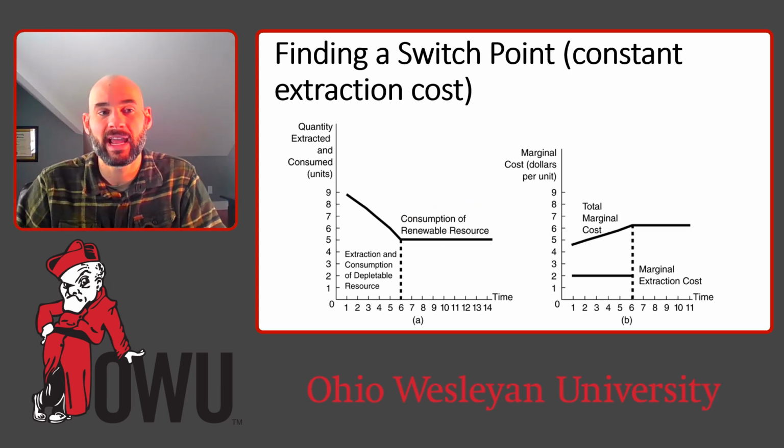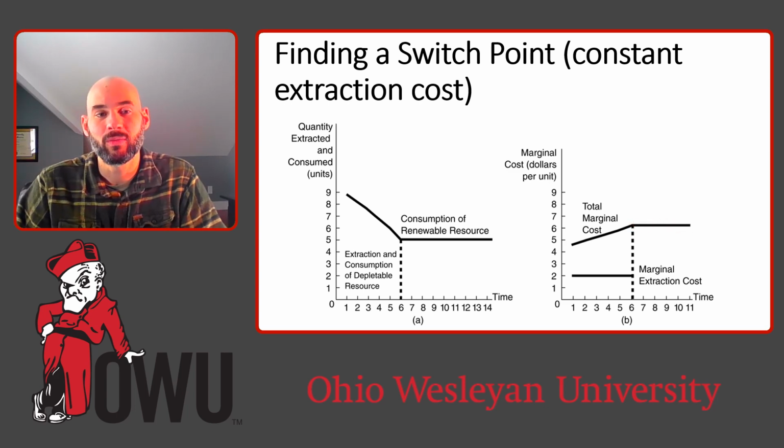So here we have, once again, a constant marginal extraction cost and an increasing total marginal cost as we deplete more and more of the depletable resource. The user cost is increasing until eventually the sum of that user cost and the marginal extraction cost equals that constant cost of the renewable resource.